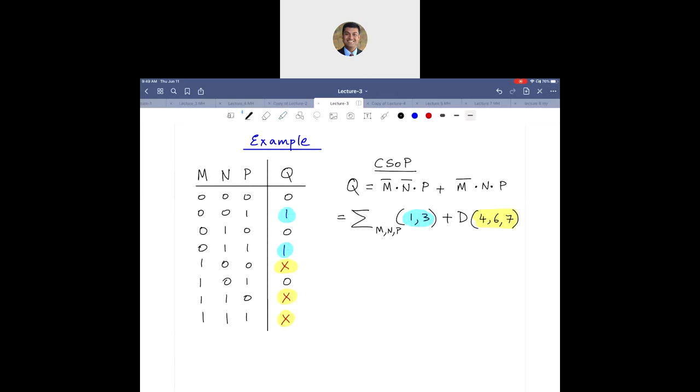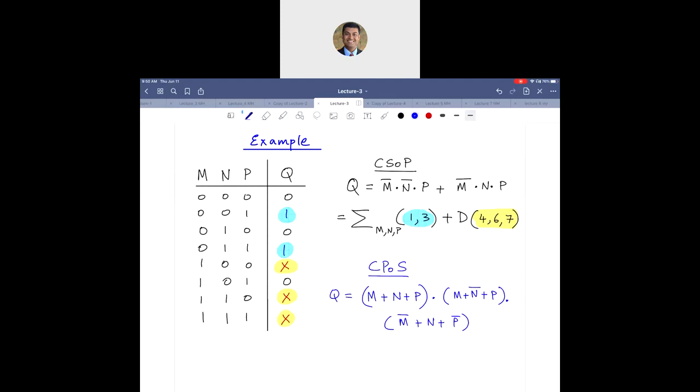Similarly, I can do this for the other one, CPoS. What do I have here? Q equals, let's write the expression M or N or P. That's for the first 0, ANDed with M or N complement or P. That's for the next 0, and then ANDed with the last one is what? M complement N P complement.